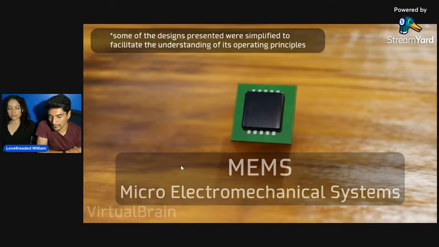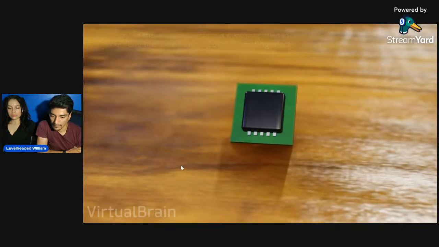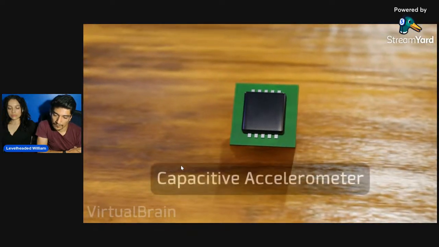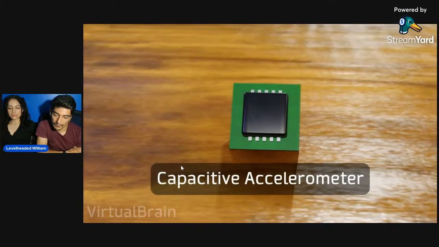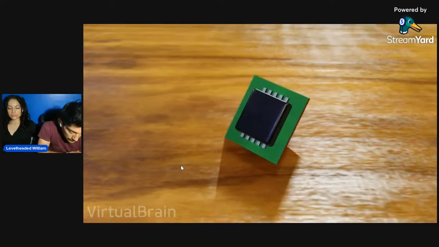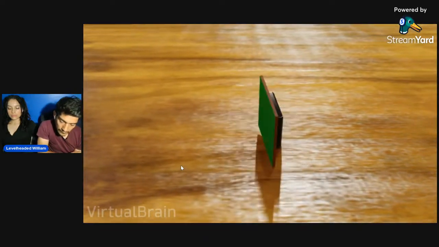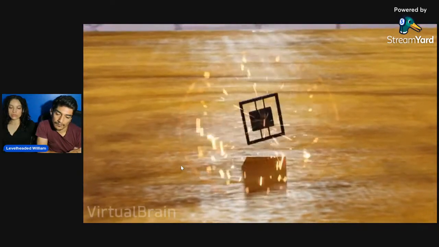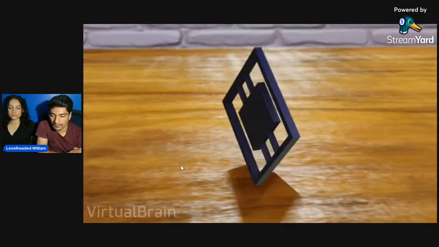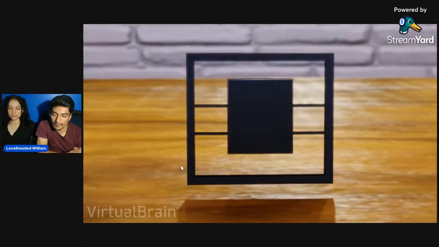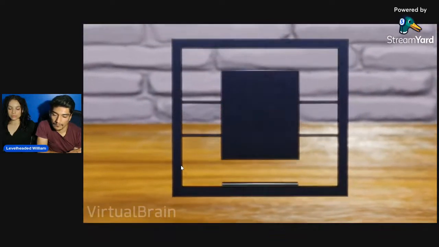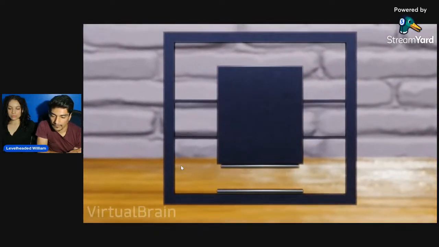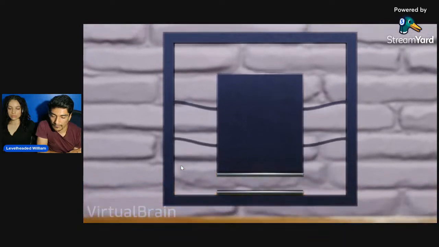The first of the accelerometers in this category that we will discuss is known as a capacitive accelerometer. Capacitive accelerometers work in a similar way to mechanical accelerometers, the major difference being the way in which mass motion is converted into information. In this case, two plates of conductive material are used, a static one positioned in the system as a reference point and a dynamic one that moves along with the mass when it is affected by some acceleration.